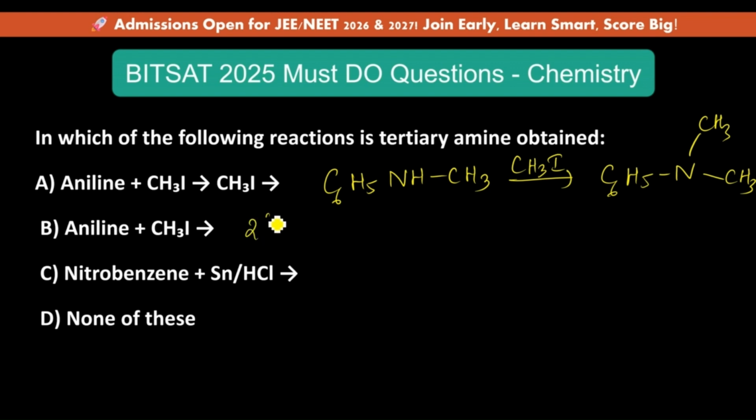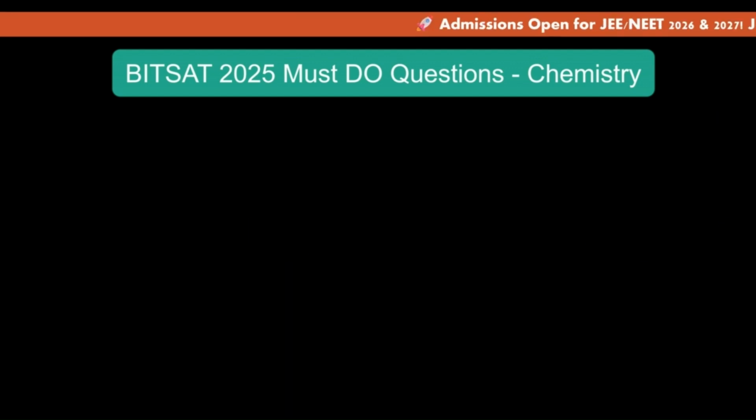But in the other case it only gives this product. Correct? That is a secondary amine. Here that will give you primary amine only, that is C6H5NH2, aniline is formed. So option A would be your right answer.